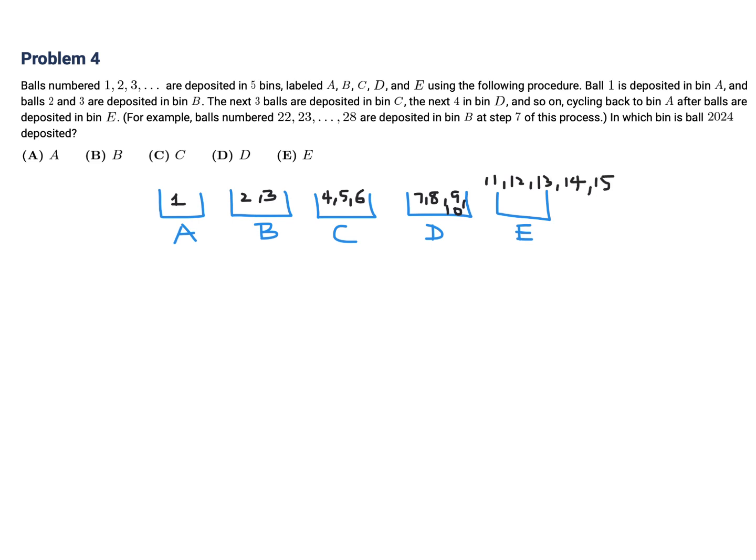Then we go back, there would be another 6 in here, balls 16 through 21, 7 in here, balls 22 until 28, and so on. You get the point.